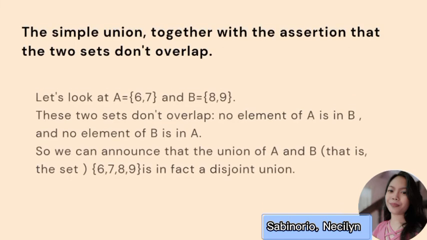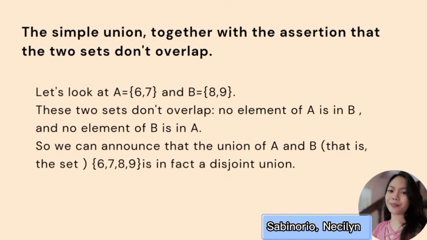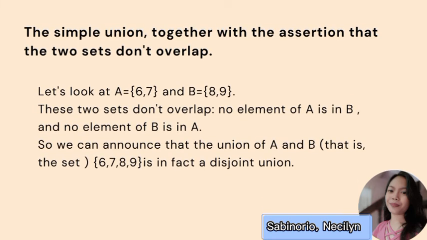The first definition is the simple union, together with the assertion that the two sets don't overlap. For example, A has the elements 6 and 7, and B has the elements 8 and 9. So makikita natin na walang same element. These two sets don't overlap.